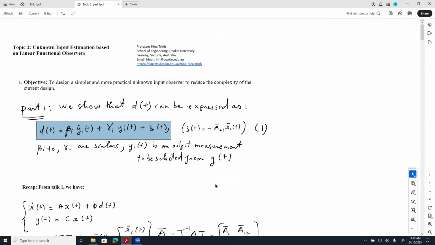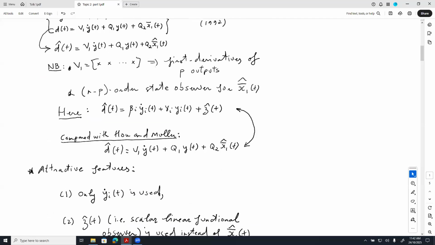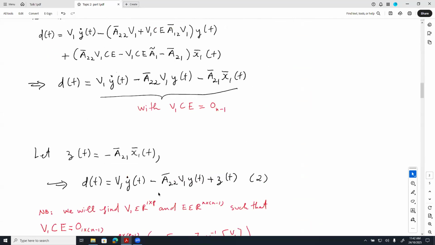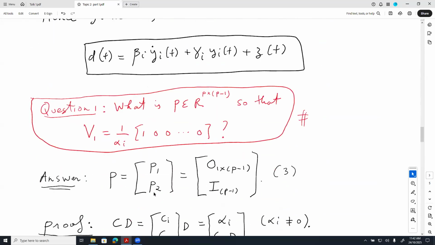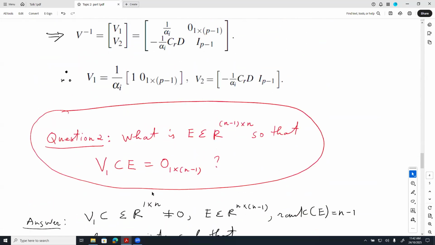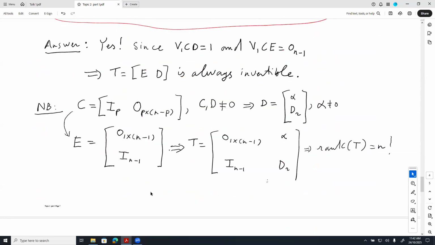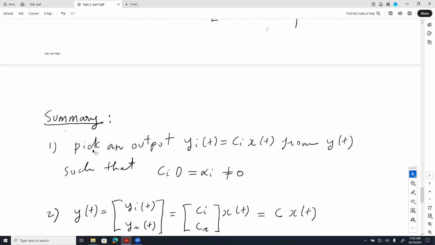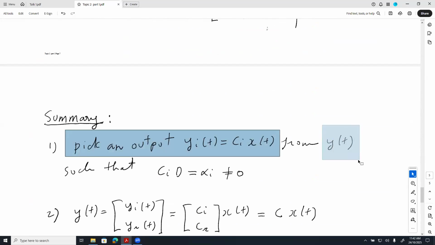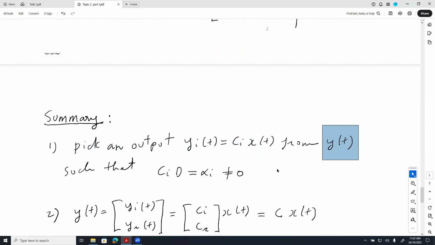The answer for that is we first pick an output measurement where the matching condition holds true. So in other words, we pick an output measurement yi of t from the output measurement vector, as long as this is non-zero.